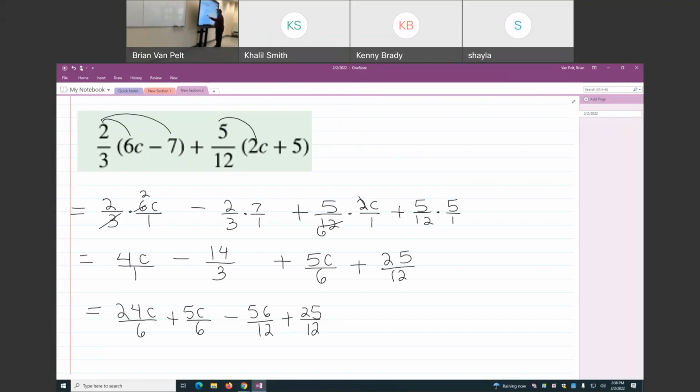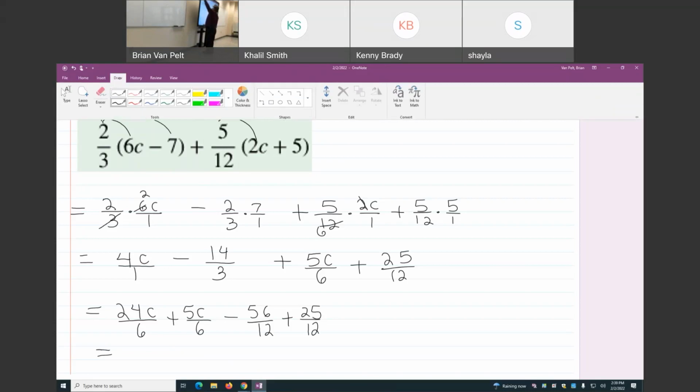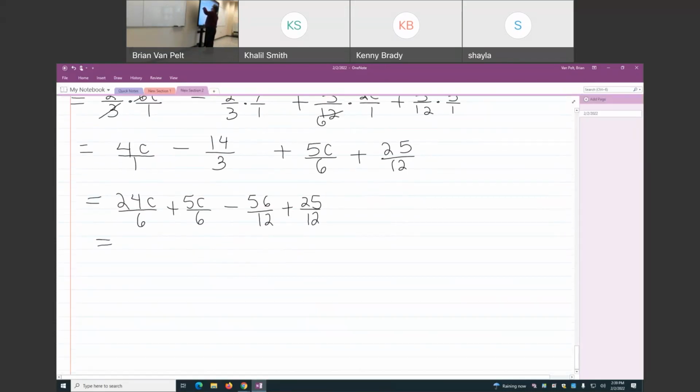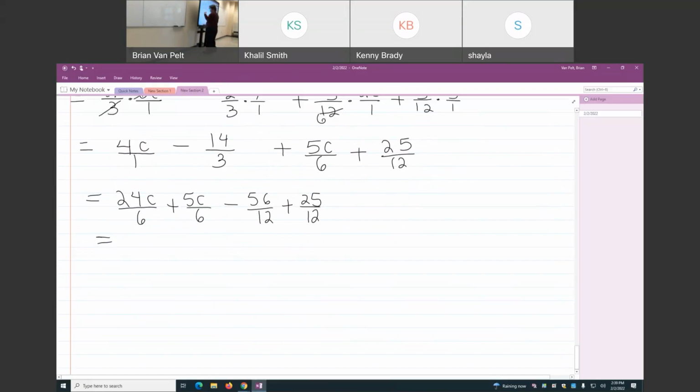So if I change this to 12, what is 3 times 4? What is 14 times 4? Now I'm ready to combine everything because they all have denominators to combine. Tell me what the C part of it's going to be. No. That's right. 29C/6.